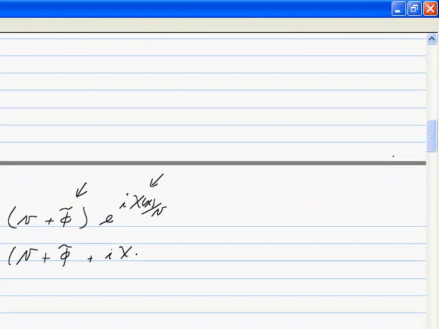I expand the chi here: 1 plus i chi, the chi over v. The v cancels, I get i chi, and I get higher order terms in that expansion. So it starts off looking, at small values of these fields, like this is like phi 1, that's like phi 2. But it's certainly not the same. These are very different.